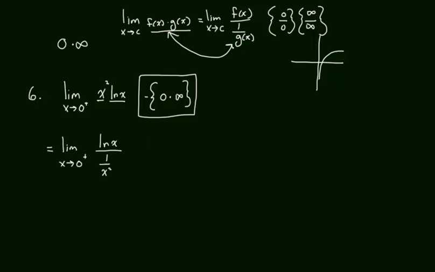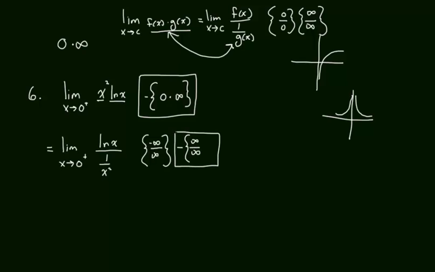So now we have the indeterminate form that this is going to negative infinity, and now 1 over x squared as x approaches 0 from the right, that function is going to do this, and so that's going to approach positive infinity, which is, like I said before, I like to write the negative outside, and then infinity over infinity. I like to write it like that.